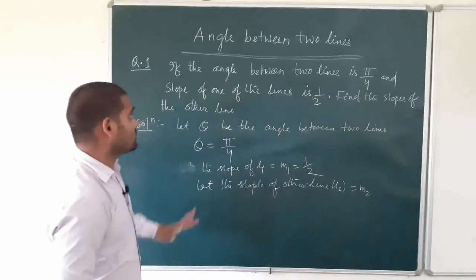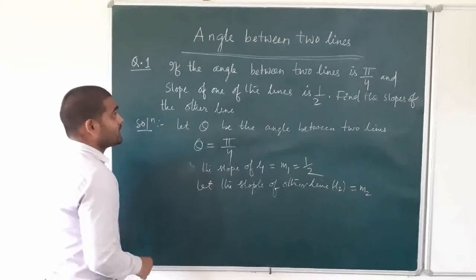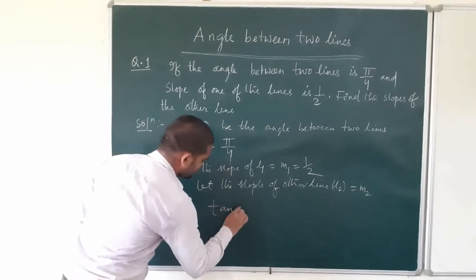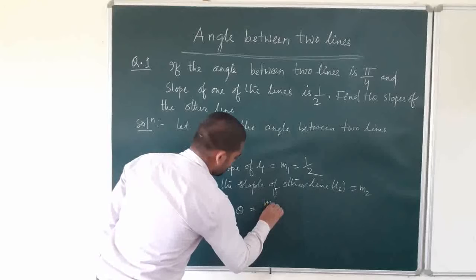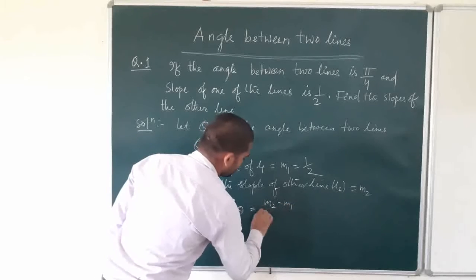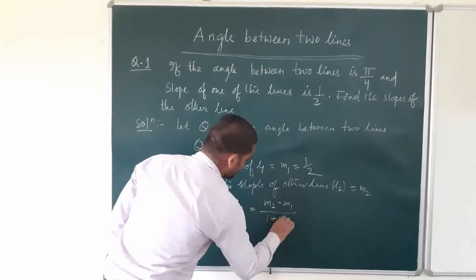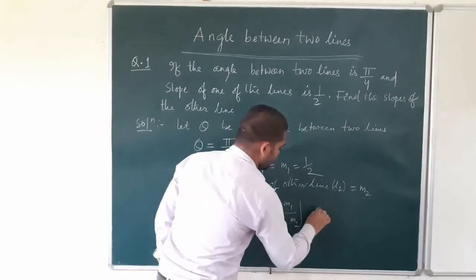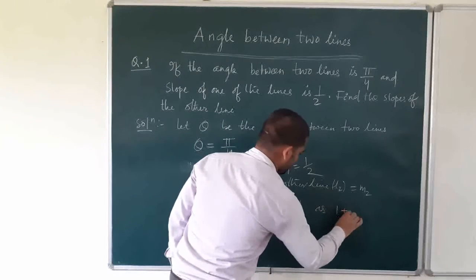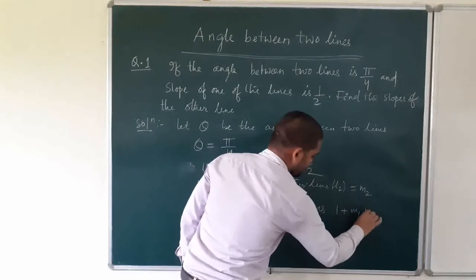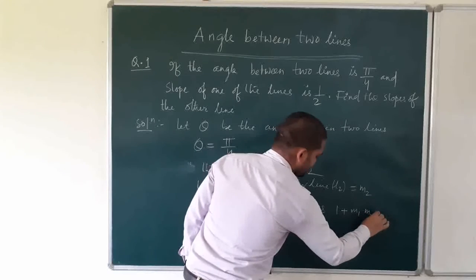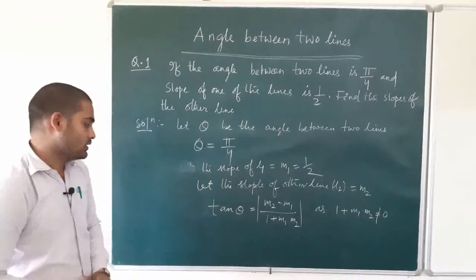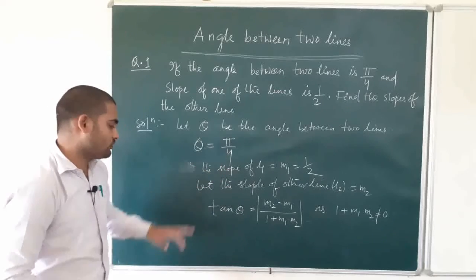And you know the formula for the angle between two lines: tan theta is equal to (m2 minus m1) by (1 plus m1 into m2), where 1 plus m1 m2 does not equal 0. Here the theta value is pi by 4.